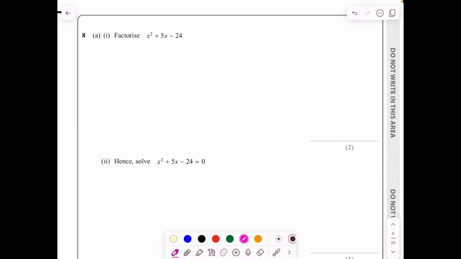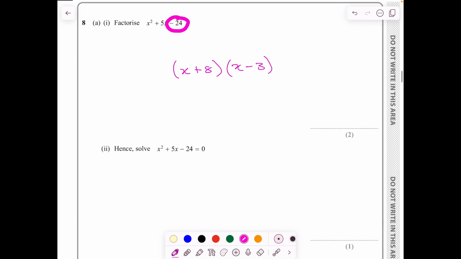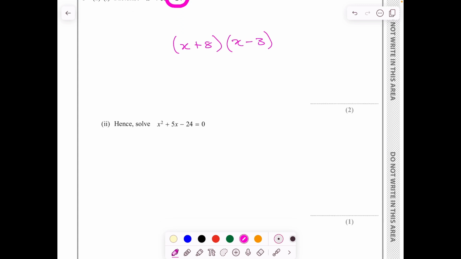Okay, here, this one was quite nice. So you're looking for a number that multiplies to make minus 24, but adds to make positive 5. So it's x plus 8, x minus 3. Okay, and that's all you have to do for that. Here, then you can solve it.